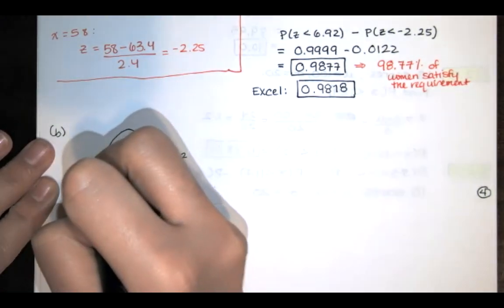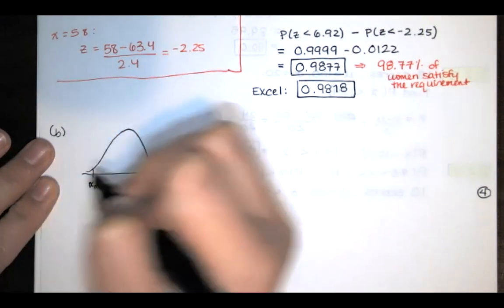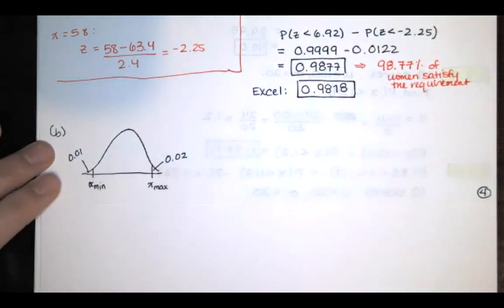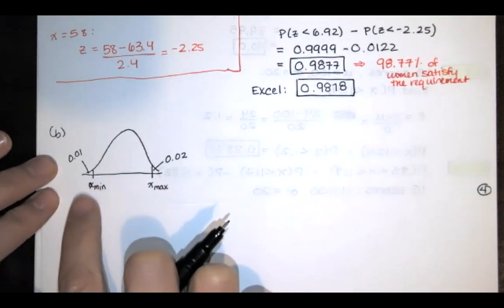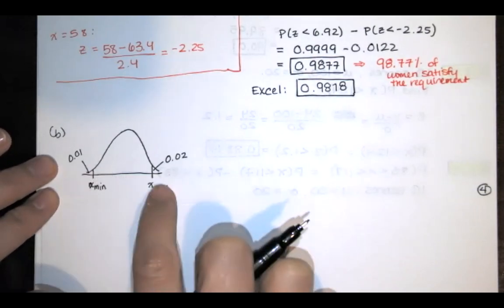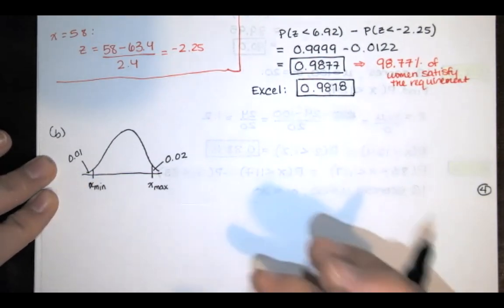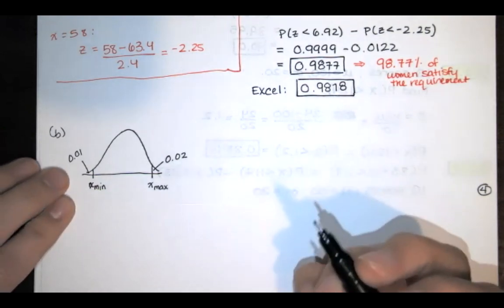And then I also want to find the height that isolates the bottom 1% from the top 99%. So we need to find the z-scores corresponding to each of these areas. And then once we find the z-scores corresponding to each area, we can convert them to the heights.